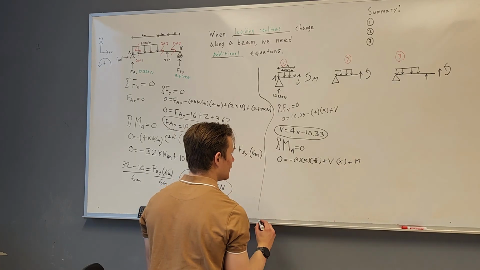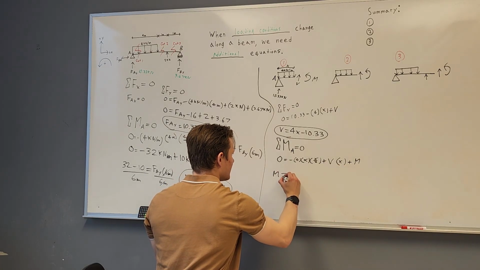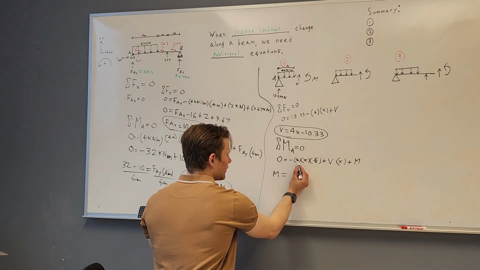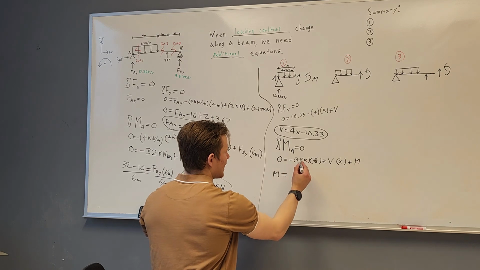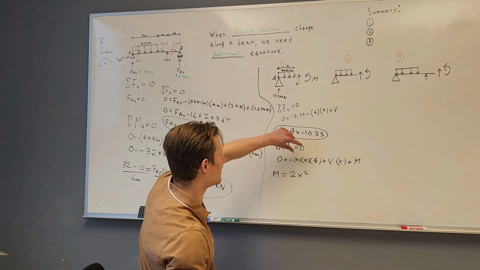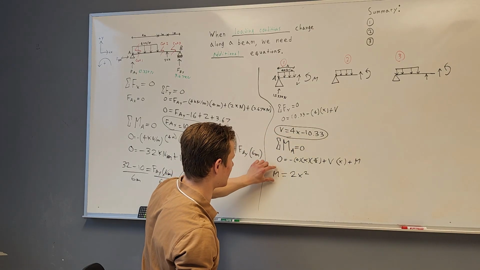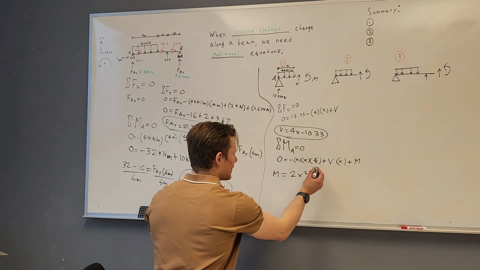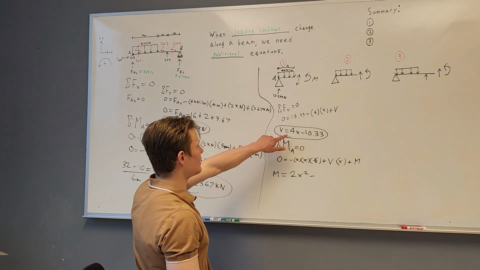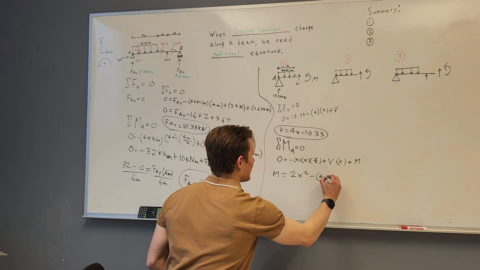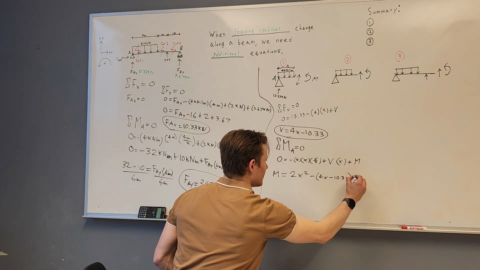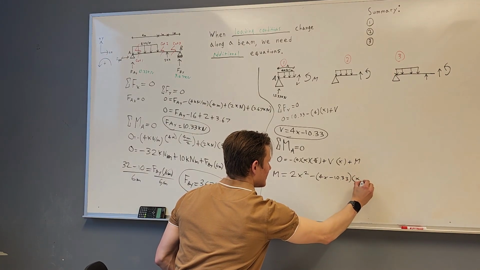So then, solving for M, we get M equals, so this right here is 4 divided by 2, that's 2, times x, we get 2x squared. And so I'm moving this to the other side and just isolating for M. 2x squared minus V times x, and V is 4x take away 10.33, times x.